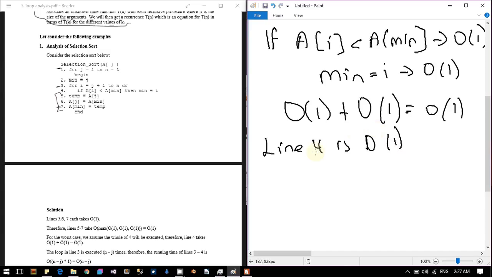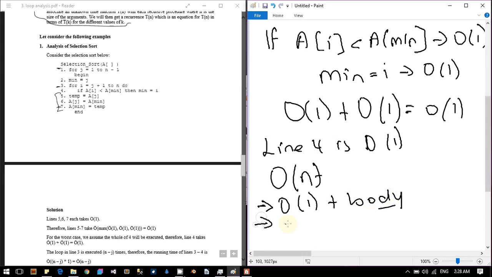Now line 3 is a loop, and it runs from j plus 1 to n. What does that mean? That the loop is of order n, or order n minus j times. You can say it's of order n. Now remember what I said. For an if statement, you add the cost of the if condition, that is of order 1, plus whatever is inside the body.